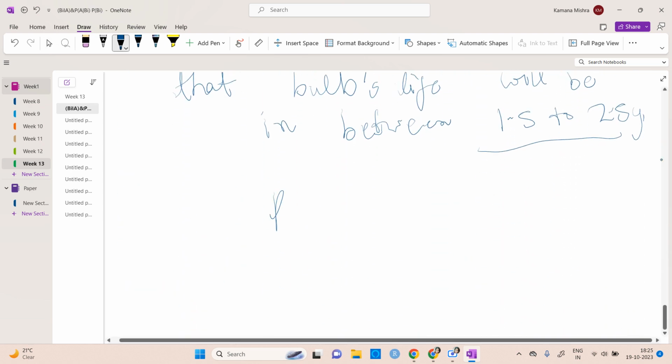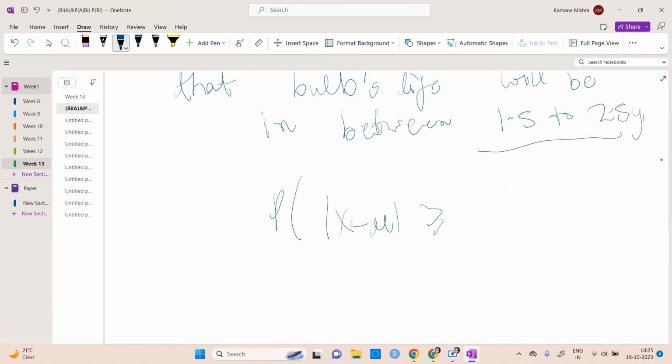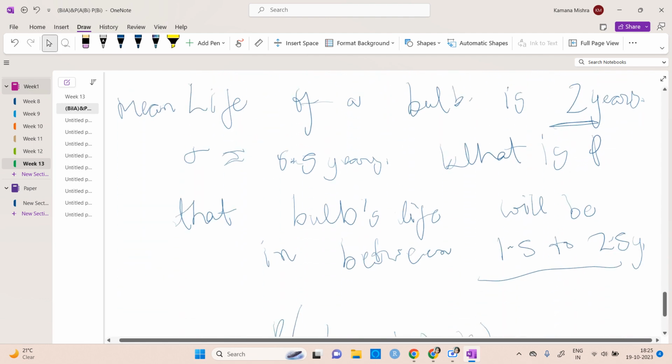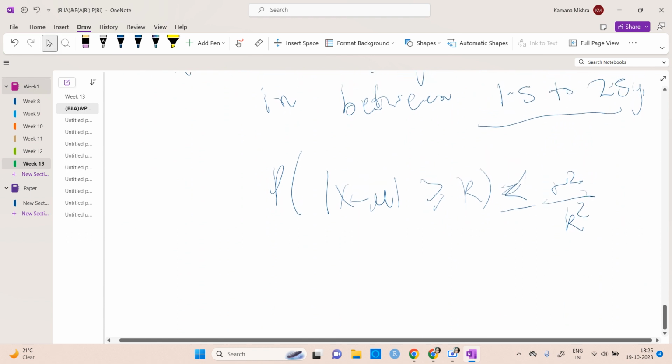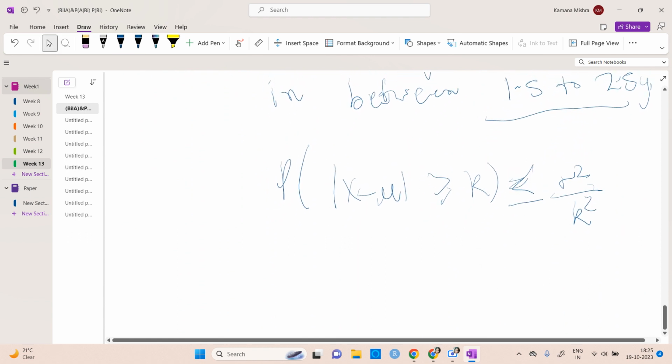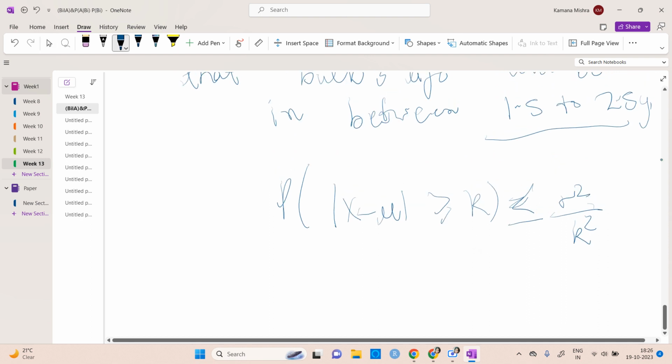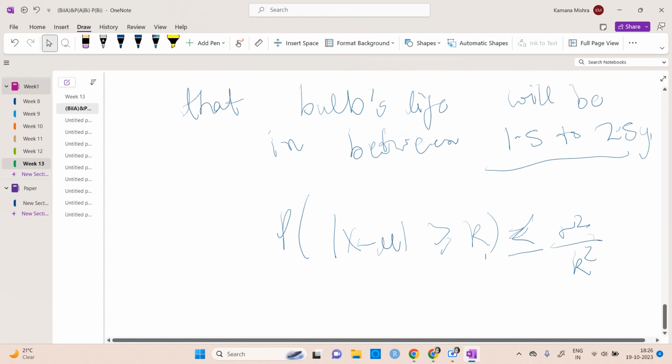So now you know the probability of |x minus mu| greater than or equal to k is less than or equal to sigma square upon k square. But we want to find the probability in between, so there is a less than inequality.